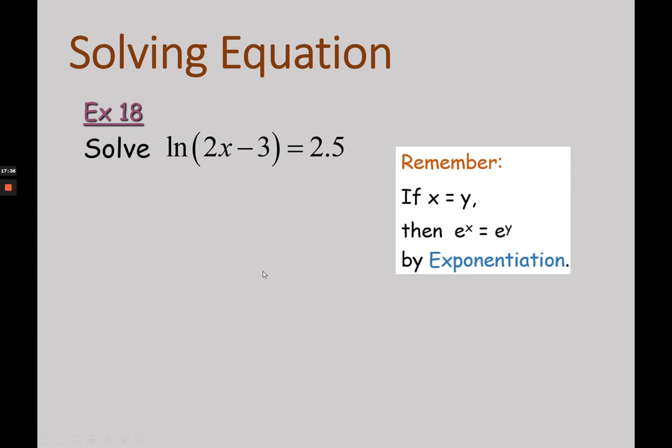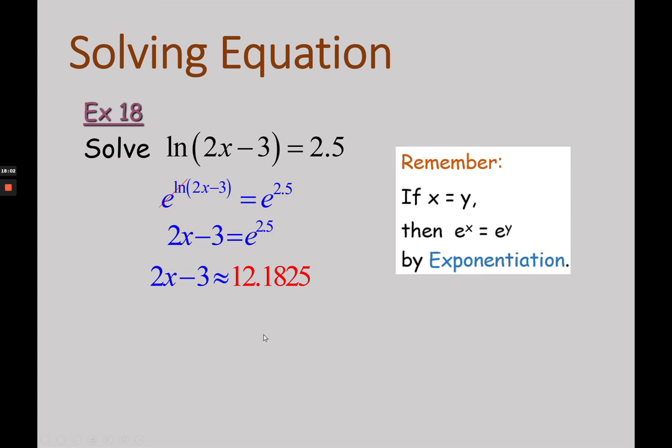Let's have some more. Solve ln of 2x minus 3 is equal to 2.5. The same deal, we will make both sides powers of e by the exponentiation property. Cancel e raised to ln, the expression becomes 2x minus 3. And then evaluate e raised to 2.5.